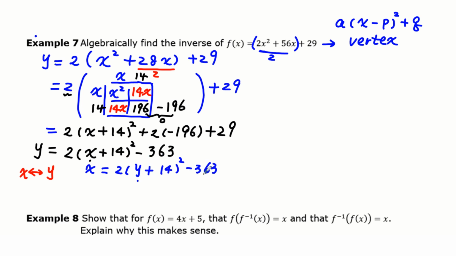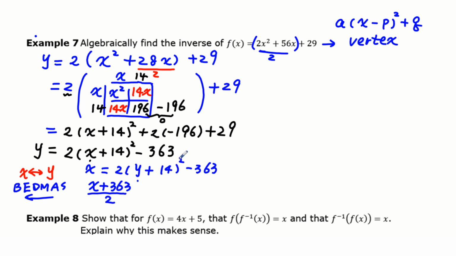We move the minus 363 to the other side first. When we solve for y, we do the backward of BEDMAS, so we do the adding and subtracting first. So x plus 363.